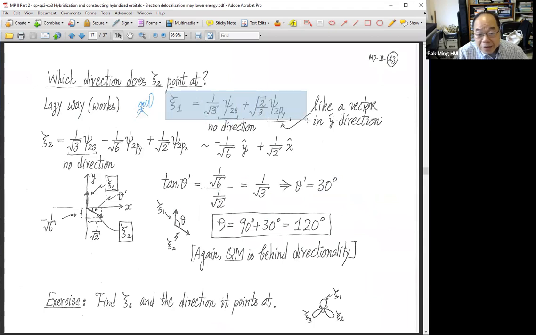So this is what I intentionally put along y, and I intuitively know that this is directed towards y, for the reason that S has no direction, it's like a ball, and then this is along y, it's the number 8 along y, okay? And of course, this has a positive part and a negative part. This is positive, you add it up, at the end you will get something smaller in one direction and bigger in another direction. Therefore, you have this sp2 hybridized picture.